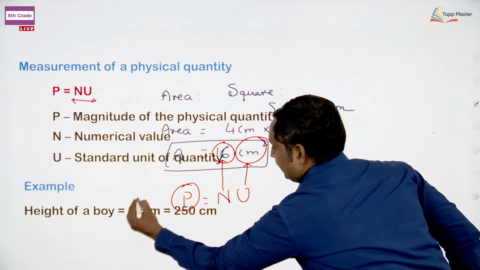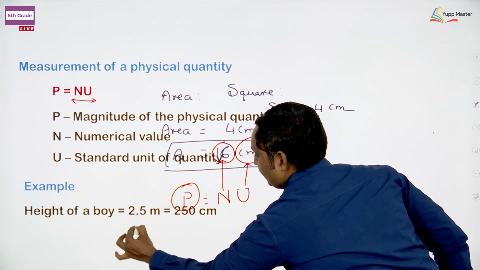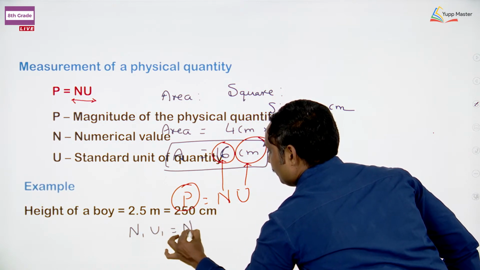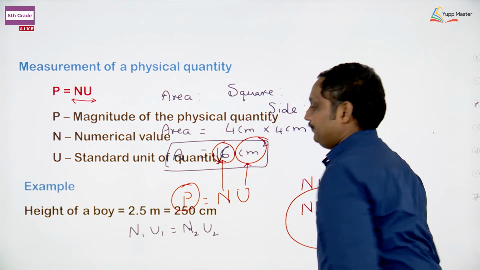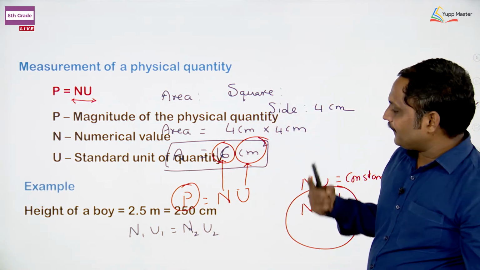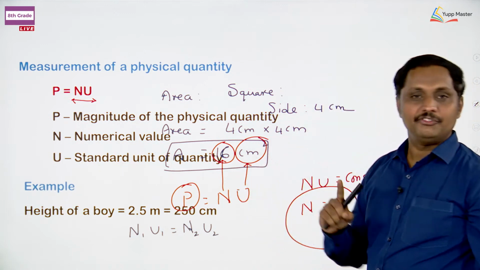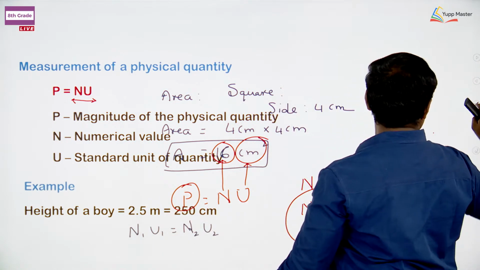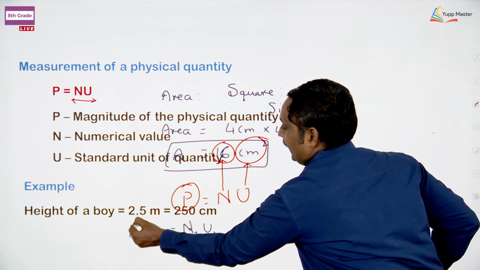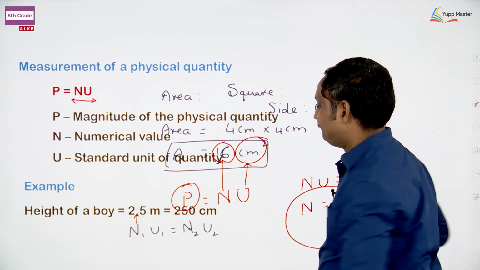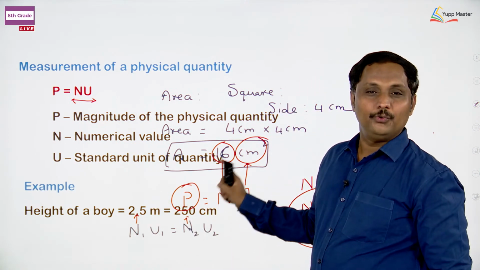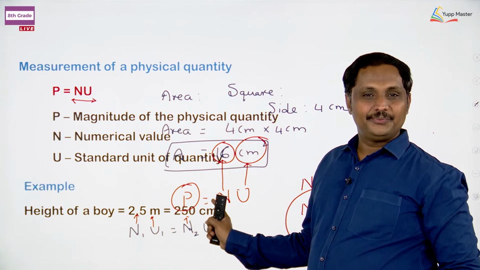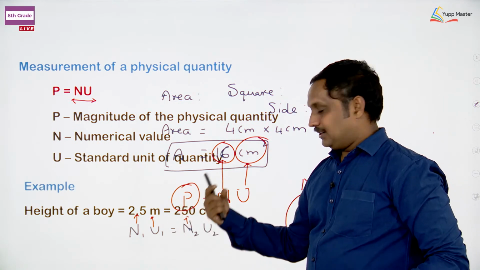Let us assume this is N1, U1, and this is N2, U2. The physical quantity height can be expressed in meters or in centimeters. For example, N1 is 2.5 in meters, and N2 is 250 in centimeters. The number varies with the system of units you have chosen.